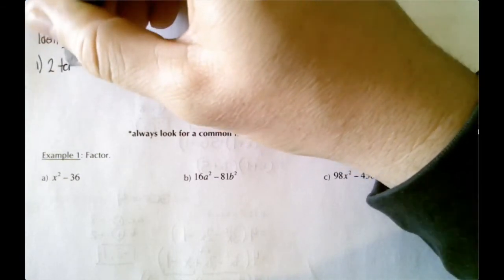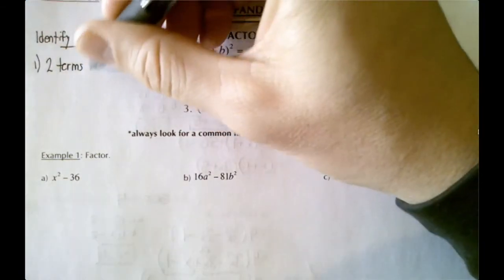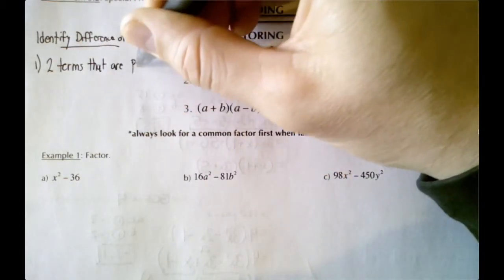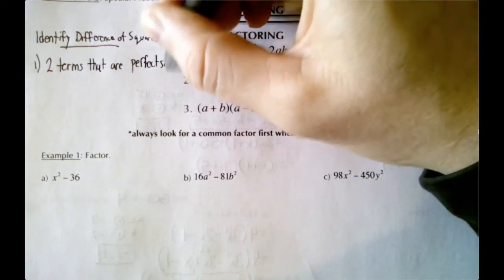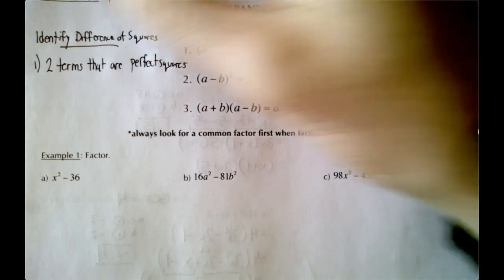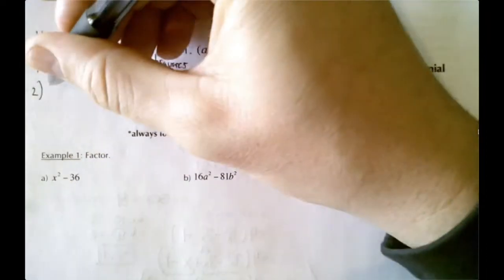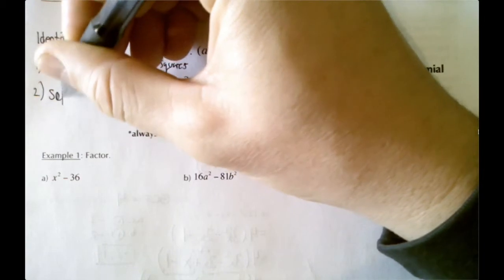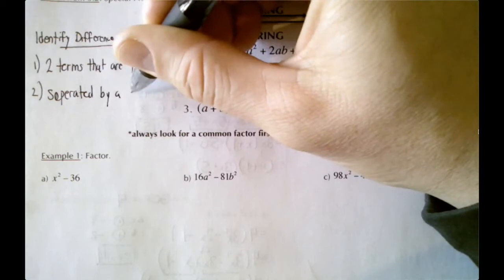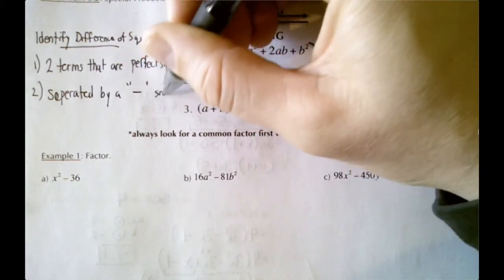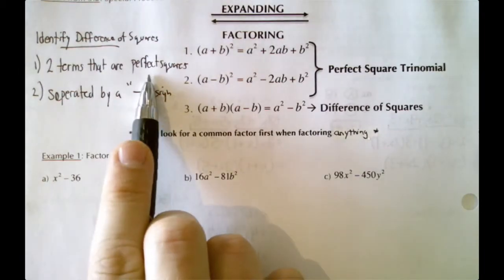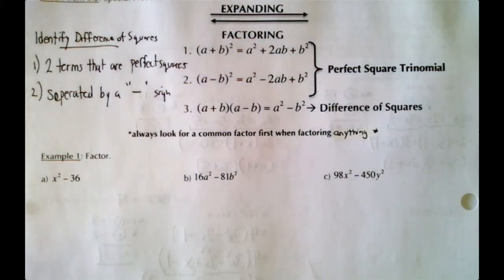One, two terms that are perfect squares. What that means is you can square root them. And two, they're separated by a negative sign. That makes it the difference. So a difference means subtract, and squares means that they're perfect squares, so we can square root them.